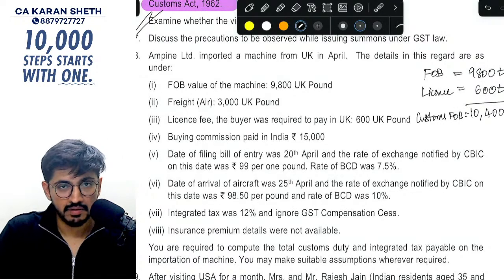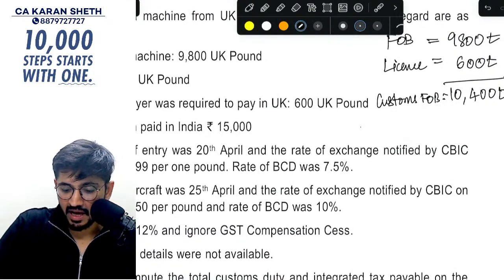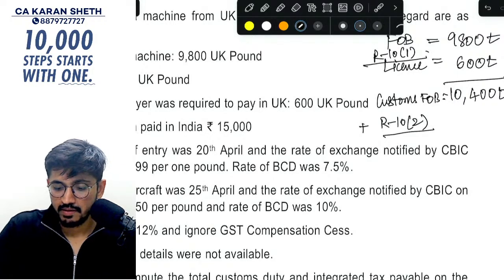which we need, right? And then I will use rule 10.2 because this was rule 10.1, correct? Right?